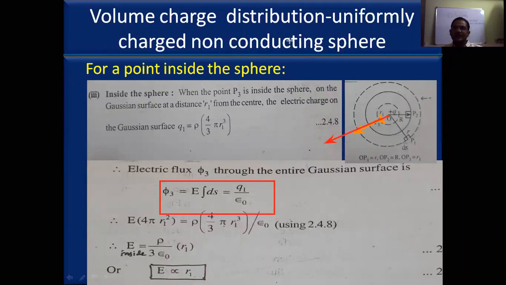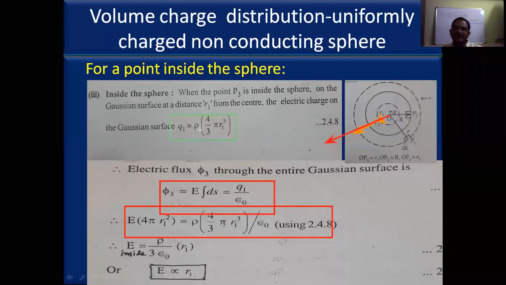Then we get E into 4 pi r1 square equal to q1 by epsilon naught. What is q1? q1 equals rho into 4 by 3 pi r1 cube, because rho is the volume charge density, charge by volume. So the charge within this sphere, q1, equals rho into the volume of this sphere, 4 by 3 pi r1 cube. This value is substituted here.